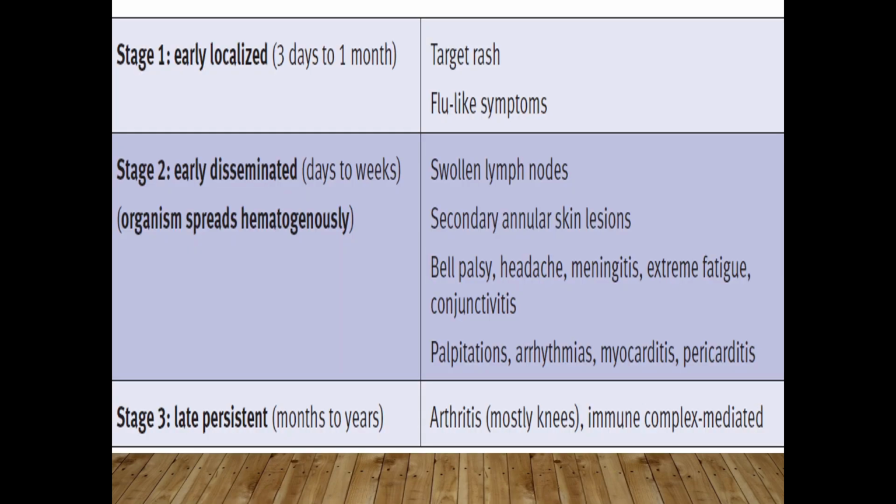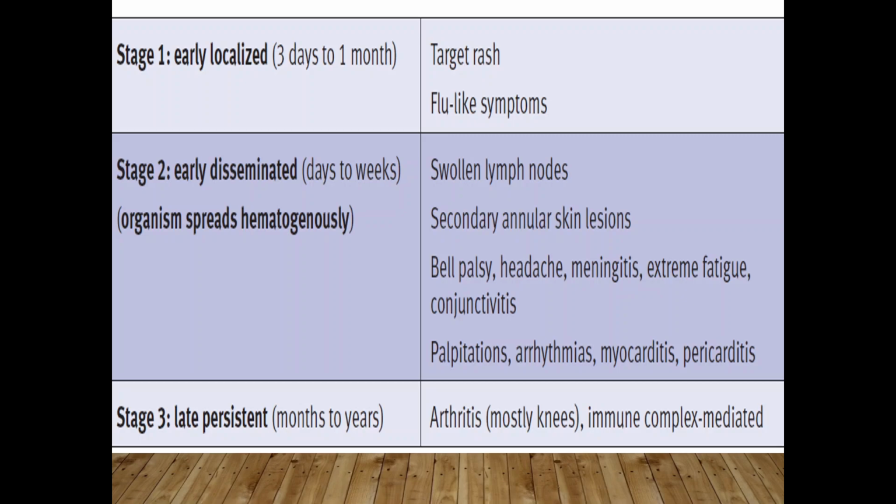Stages of Lyme disease. Stage 1, early localized: clinical symptoms are a target rash and flu-like symptoms. Stage 2, early disseminated: clinical symptoms include swollen lymph nodes, secondary annular skin lesions, Bell's palsy, headache, meningitis, extreme fatigue, conjunctivitis, and other clinical symptoms.